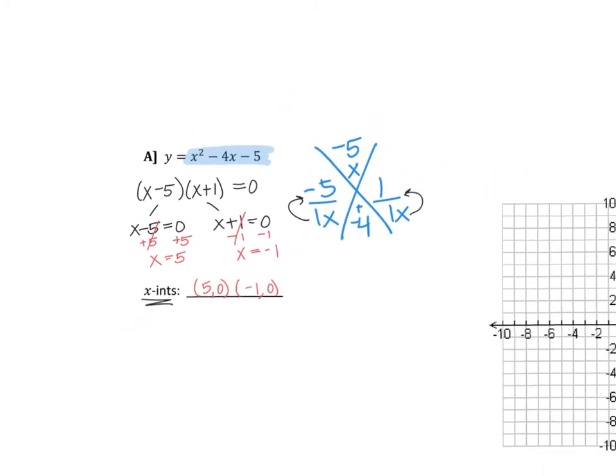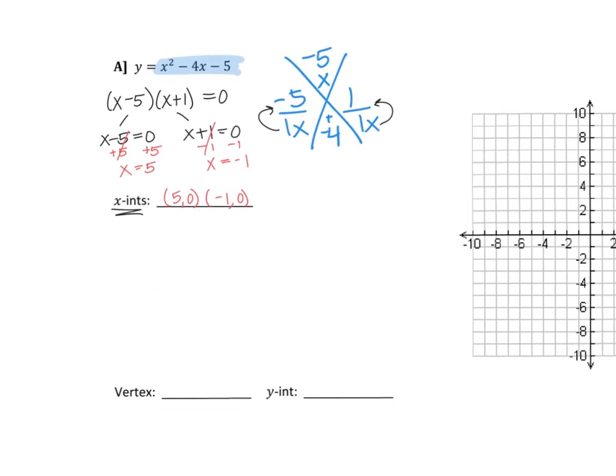All right, the next part is how do we find the vertex? We know that our x-intercepts are 5 and -1. So we take those two values, add them together and then divide by 2, pretty much finding the average. So we have 5 plus -1, 4, divided by 2 gives us 2.